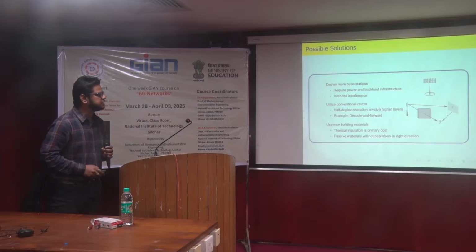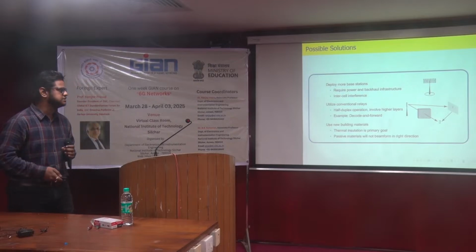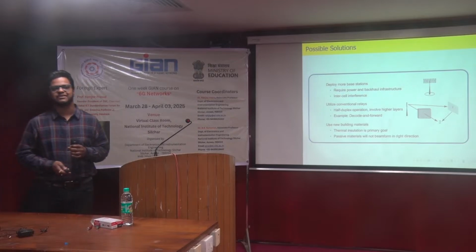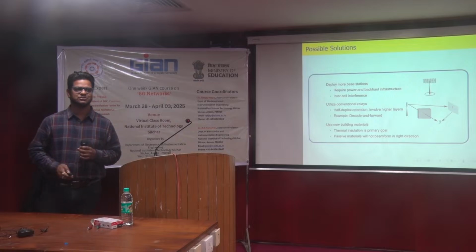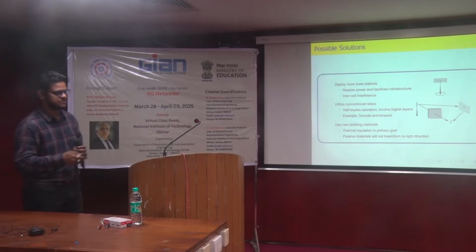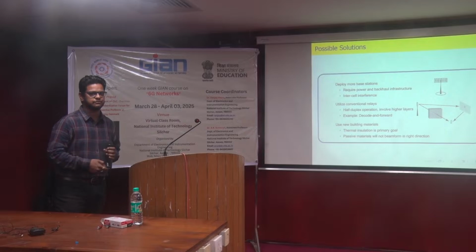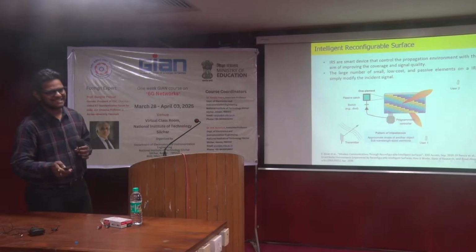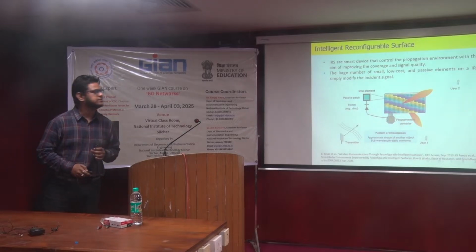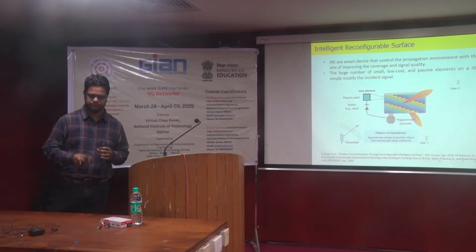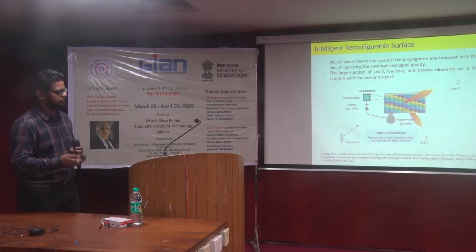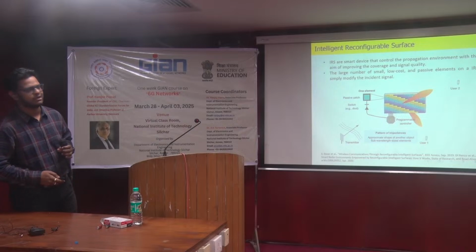Then the next is new building materials, but it is very difficult to break the whole world and build it with new material. So that's also not very feasible, or not the right direction. So in this direction, the intelligent reconfigurable surface has become a prominent contender for future generation wireless communications.